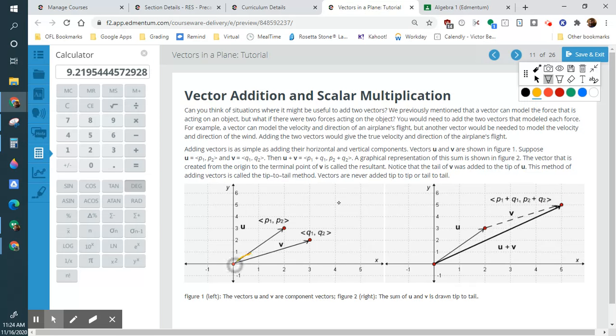I'm taking this v vector right here, and I'm moving it here. And this brand new vector that kind of feels like it came out of nowhere, that's our u plus v vector. So that's all we're doing. We're just moving one of the vectors, then moving the other vector. That's all we're doing when we're adding vectors.